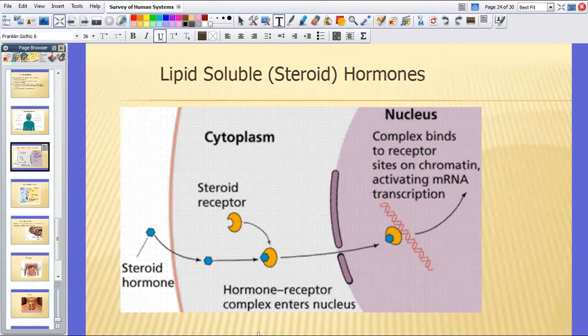This will then activate specific genes in the DNA, and these genes will make the proteins that are needed to create the desired response. So a hormone needs a cell to behave in a particular way. It's going to send that information to the DNA. The DNA will make the protein that the cell needs to make that desired response.